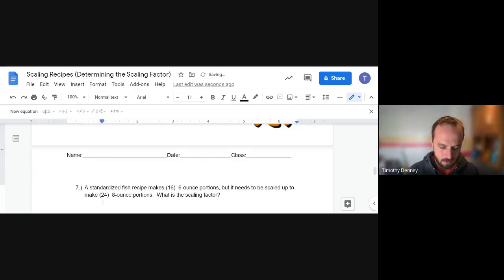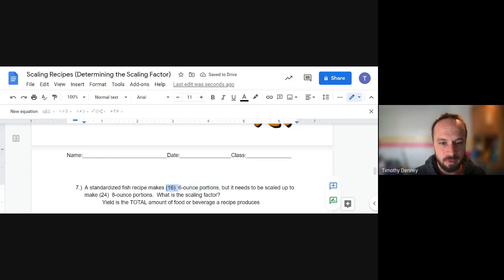Recall, okay, that yield is the total amount of food or beverage the recipe produces. So we have to take both of these numbers here to find the original yield, and also both these numbers to find the desired yield.